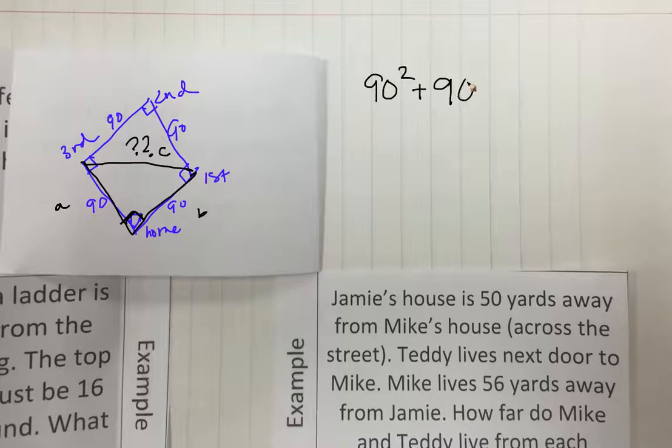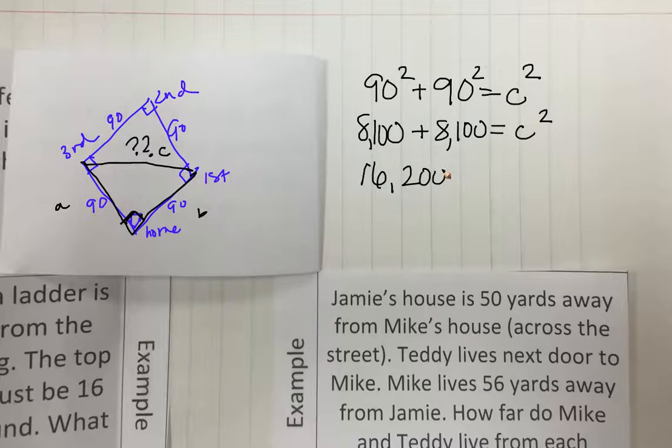90 squared plus 90 squared equals C squared. 8,100 plus 8,100 equals C squared. This is going to be 16,200 equals C squared. We're going to square root each side. So 16,200.